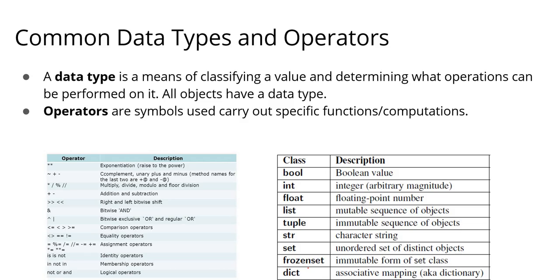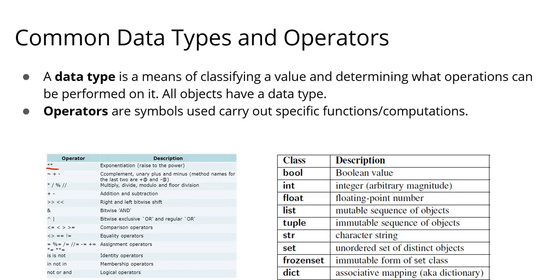All data types and operators used in Python are shown, and you can note them down in your diary. Whatever doubt you have about an operator and its description, as you can see, the asterisk sign, double asterisk sign, shows exponential, raised to the power.